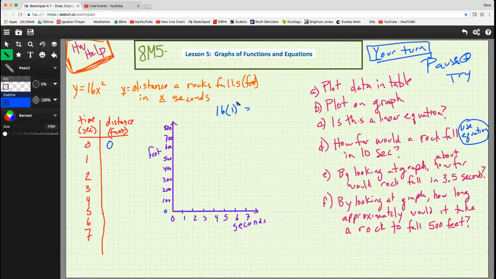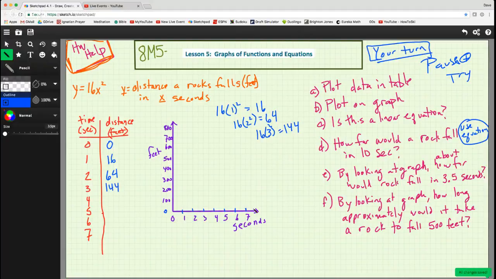Our order of operations says exponents before multiplying. So we get 16. And then we get 16 times 2 squared, and that equals 64. And then we get 16 times 3 squared, and that's 144.